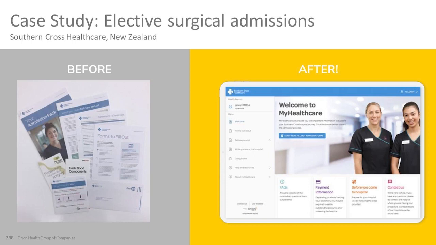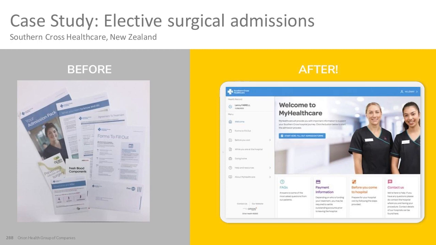So prior to the pilot that we ran with Southern Cross, the patient would be referred by their specialist to the hospital, and they'd get this paper pack of 13 forms. And there was a lot of duplication on those forms because pretty much everyone started with full name, date of birth, where do you live, who's the GP, and each of those forms would go to different parts of the hospital organisation.